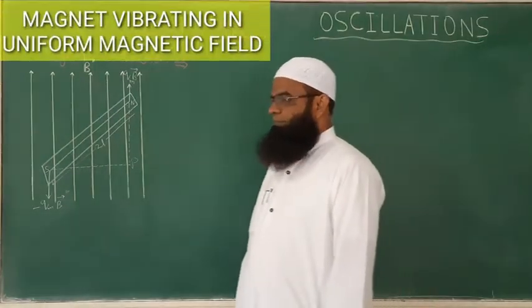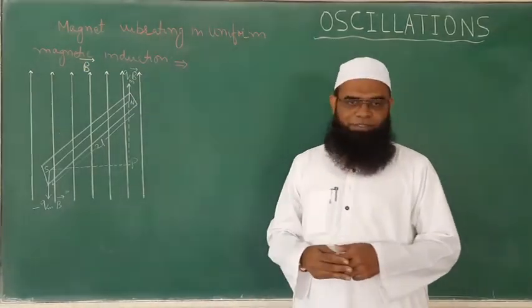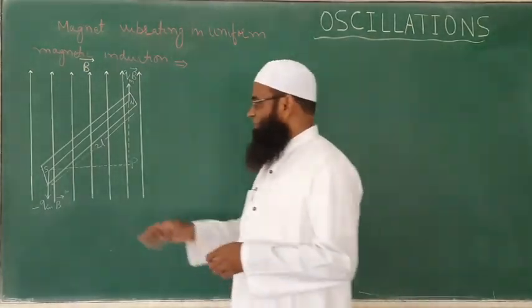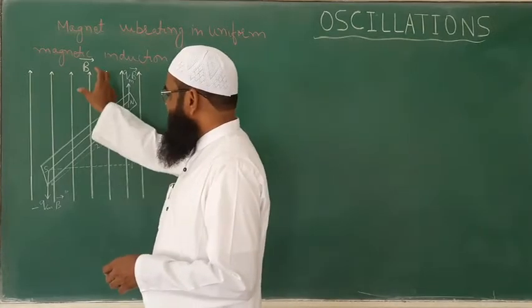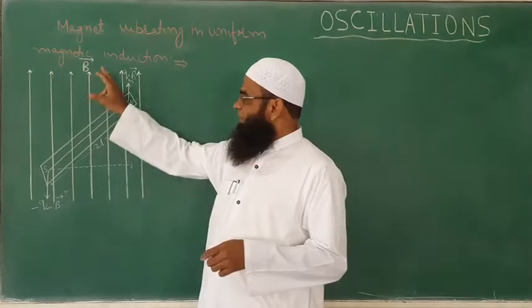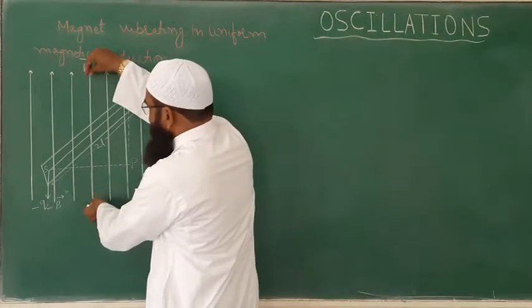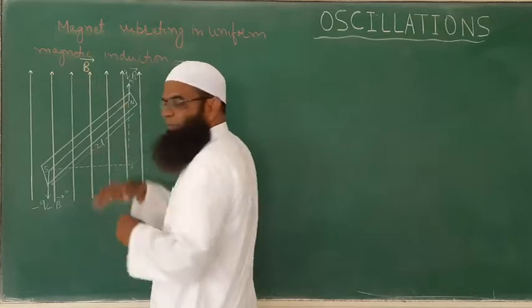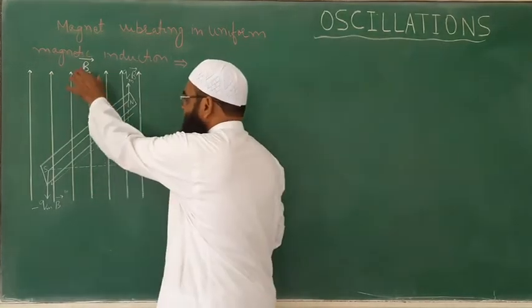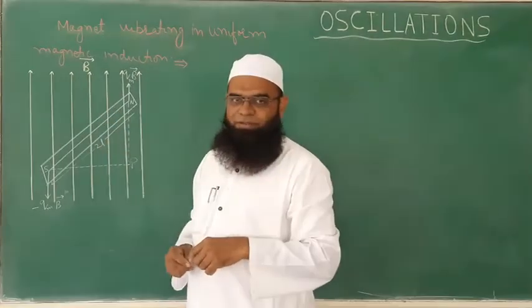Now we will see a magnet vibrating in a uniform magnetic induction. Consider a magnet which is freely suspended in a magnetic field of induction B. The magnet remains in equilibrium in such a position that its axis is parallel to the direction of the magnetic field.